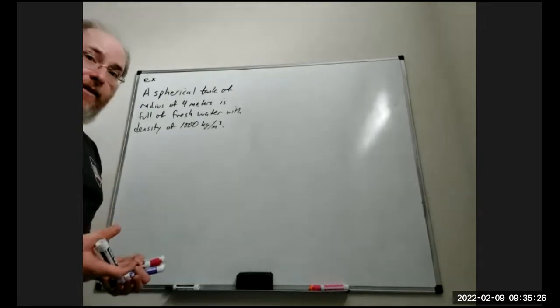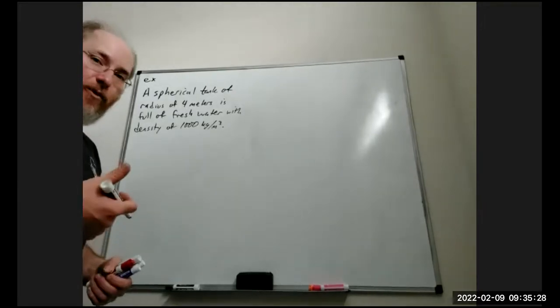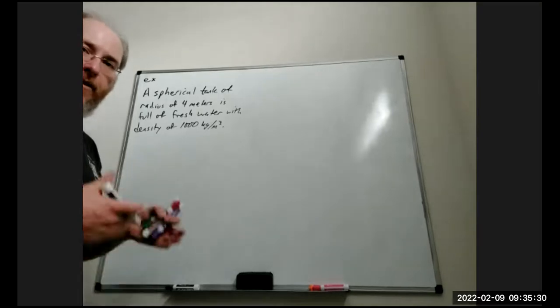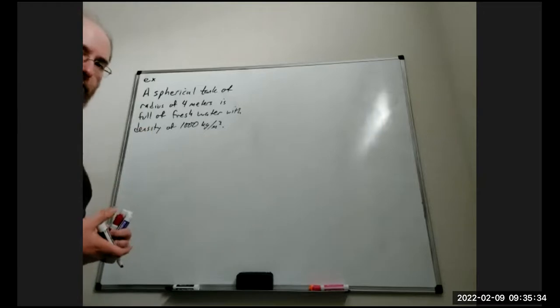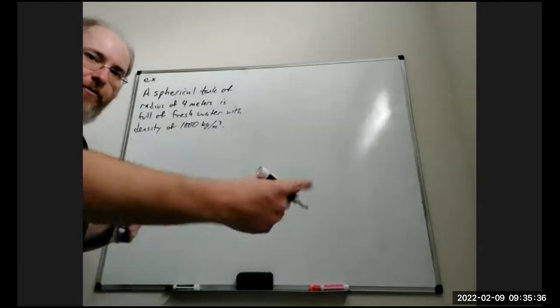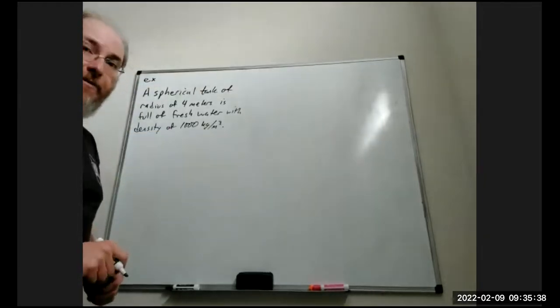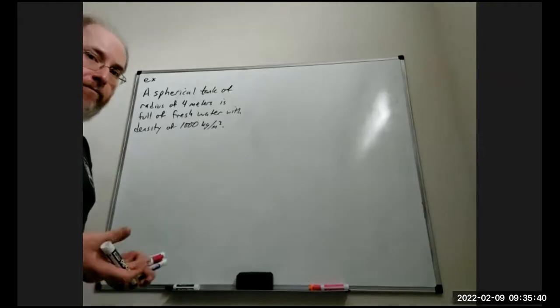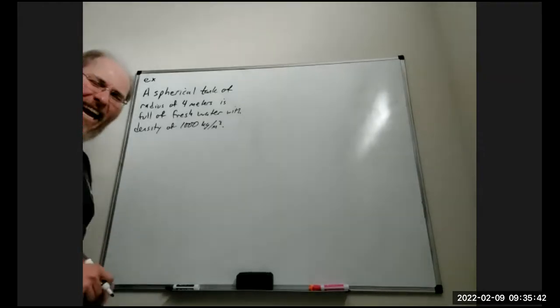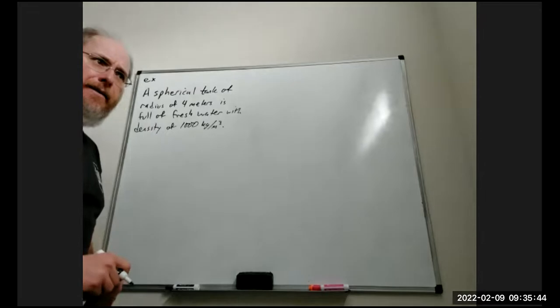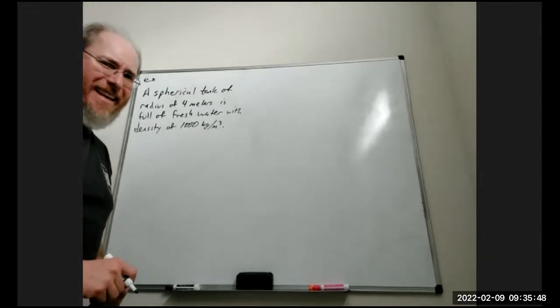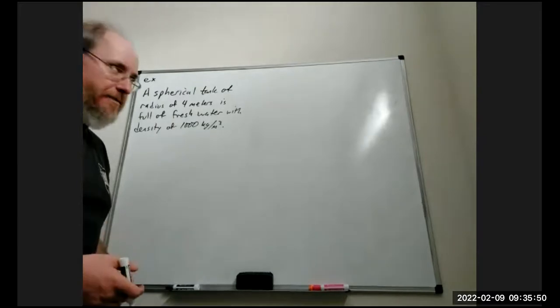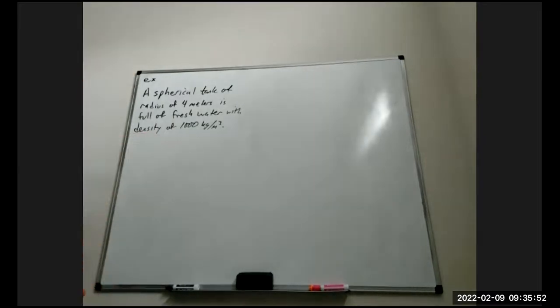Air is much less dense, with a density of 1 kilogram per cubic meter. But that's how much a cubic meter of water would weigh. So you go 1 meter by 1 meter by 1 meter, and that's going to be 1,000 kilograms. In our system, it's like 64 pounds per cubic foot, I think. I don't know. Anyway, so that's the density of the water.